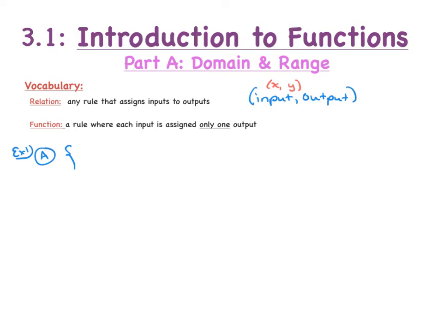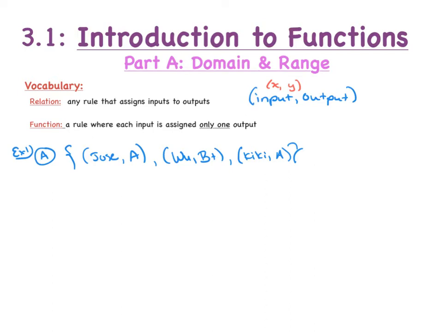So let's say we have the input Jose gets an output of an A. And the input of Wu has an output of a B plus. And the input of Kiki has also an output of an A. Okay, so in this case, we have the input student and the output the grade.